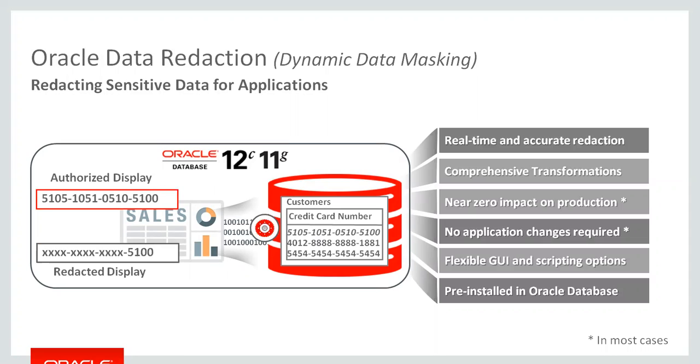Somebody from the financial department has to see full credit card numbers. Somebody like a call center employee has to see only the last 4 digits. And you could store data in Oracle or in Hadoop in the original format, I mean full credit card numbers, and for a certain group of users show only the last 4 digits.